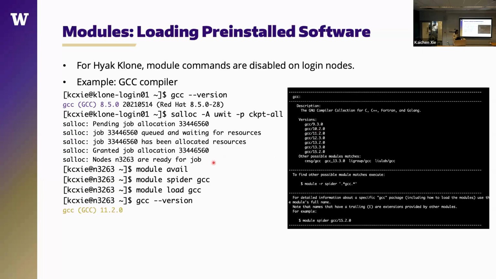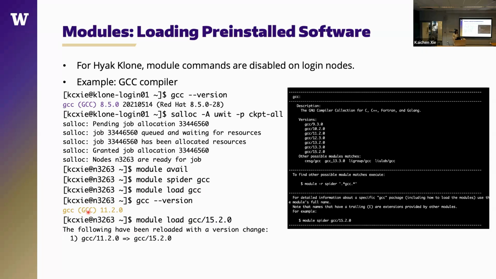So if you load GCC without the slash version, it will load the default version. Then if we run gcc --version again, you will see that the GCC executable changes. And you can also load a different version of GCC, and it will swap the module with a different version.